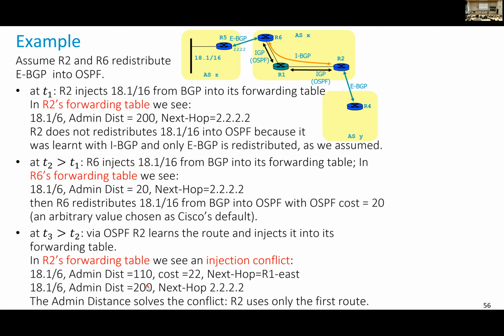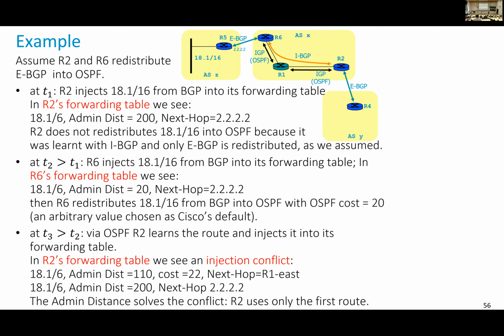If this is put by iBGP, by BGP learned from an internal neighbor, the distance is 200, which is the case here. R2 has learned about this route by BGP, but indirectly, so with a cost that is put with a high value.